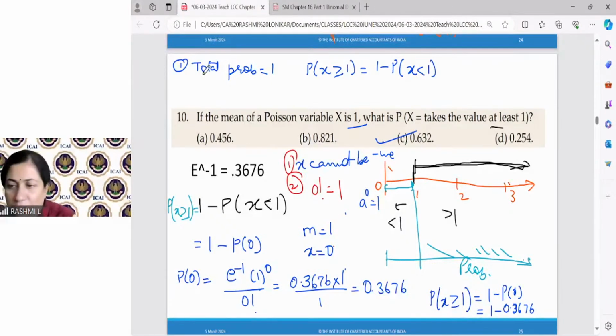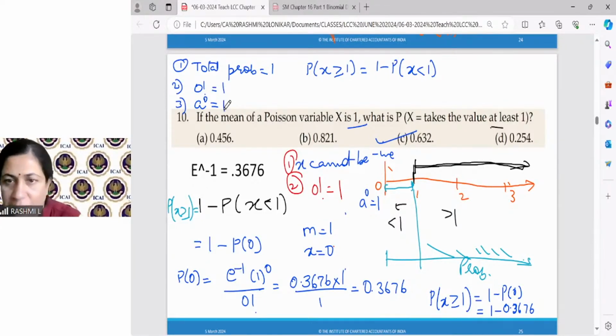This is possible because of this. Second thing is that I must know that 0 factorial is 1. Third thing, I must know that a raised to 0 is always 1, because this is what we are applying over here. So the concepts that we learn in mathematics first and second chapter are also applicable over here.